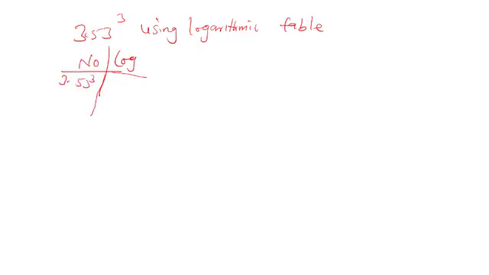Since this is a one-digit number, you have 0 point. You check 53 under 0 difference 0, it will give you 5478. But because of the power here, you do it times 3. When you multiply this, you'll be having 1.6434.